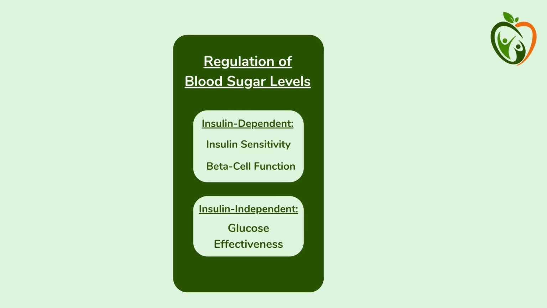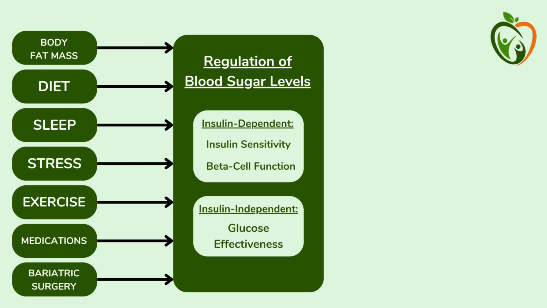I have plans for many more videos on how blood sugar regulation is affected by our body weight and fat mass, diet, sleep, stress, exercise, medication, and bariatric surgery. Diet will obviously be a big focus, and I have plans to talk about the acute effects of different foods or dietary factors on blood sugar levels, but also the long-term effects of diet on insulin sensitivity and glucose tolerance.